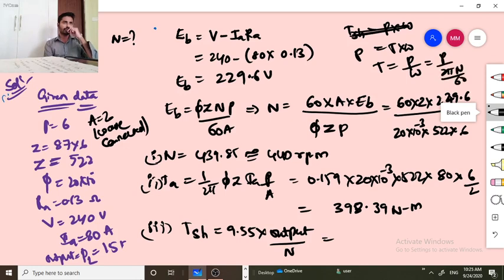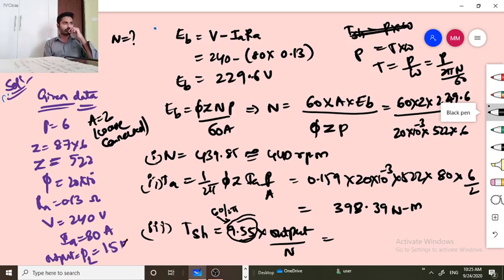So 60 by 2 pi value is 9.55. So shaft torque is 9.55 into output by N. What is the output here?